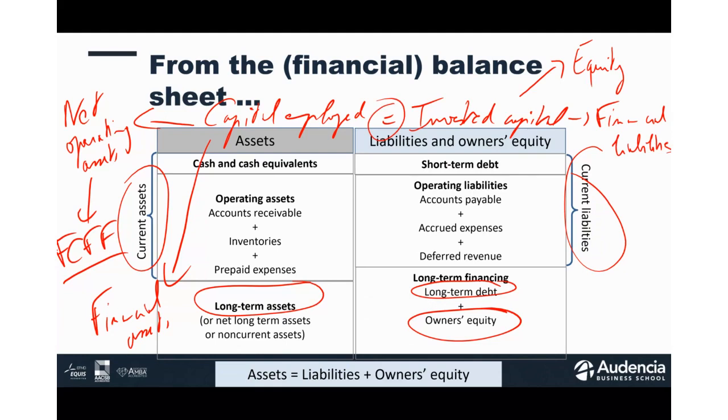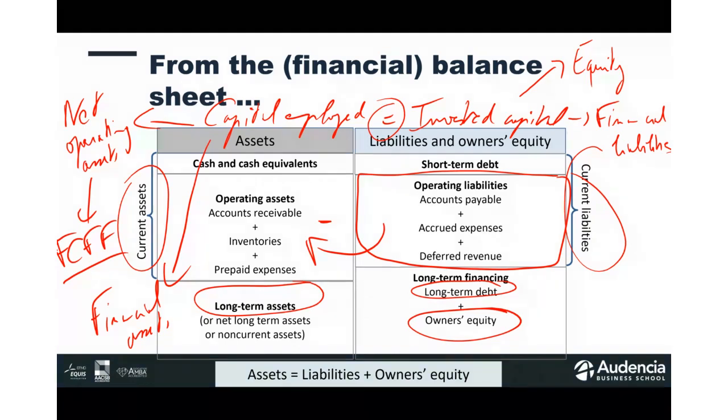All the operating liabilities are on the other side, in minus. So we have now on the left side, in the net operating assets, the working capital requirement or operating working capital, plus the non-current operating assets, property, plant, equipment, and intangible assets.